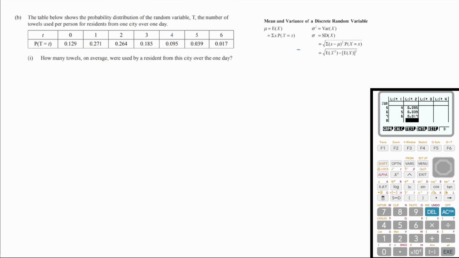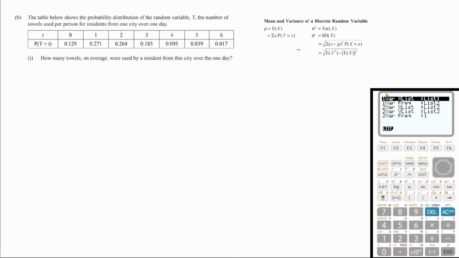Now, in order to figure this out, there's a couple of things we need to keep in mind. You need to make sure you're setting it correctly. We're going to press F2, which is calculate, because we want to calculate things. And now we press F6 and press set, just to make sure we're on the right settings. This gives us different parts that we can calculate.